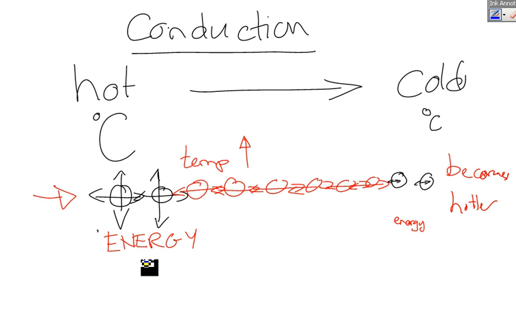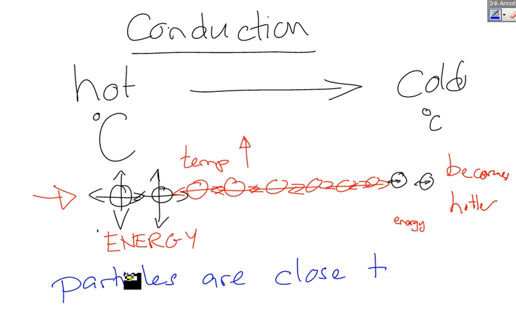So then, what is it that makes conduction happen easily? Well, you will have spotted that the particles need to bump into each other. So conduction occurs best where particles are close together.